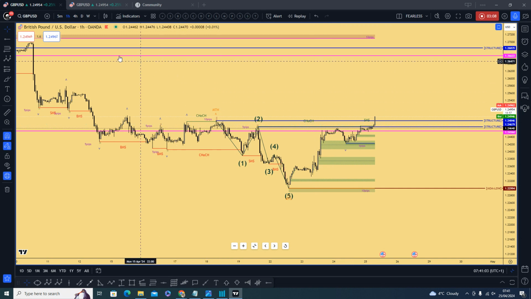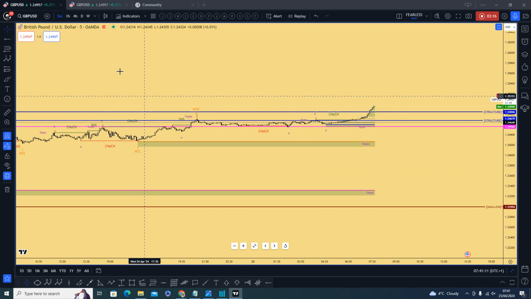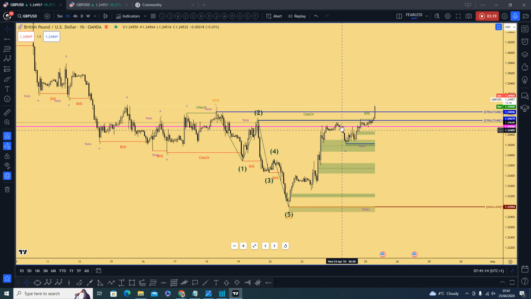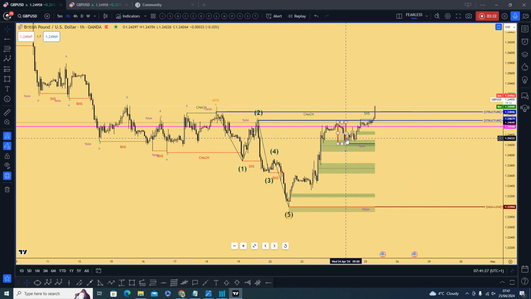Let me do one thing again. I'm going to drill this down straight away to the 5 minute chart just to see the last pullback. What I want to show you is this last pullback here. We want to see the information here, because this is very important. Every pullback is the secondary trend.